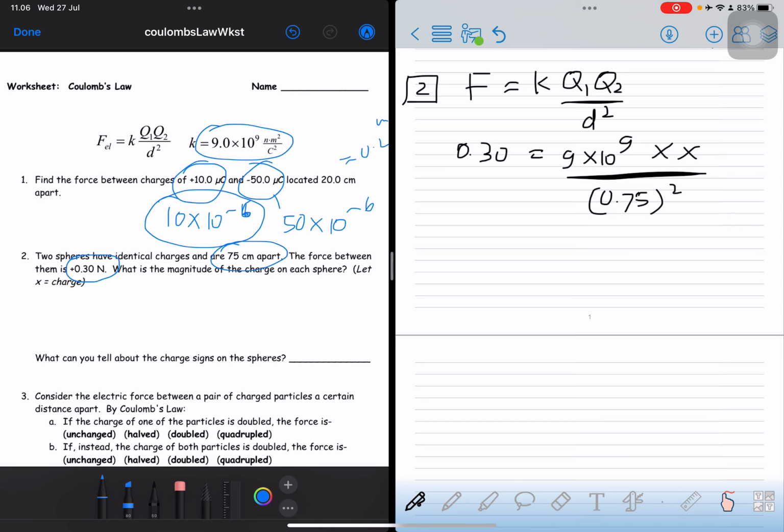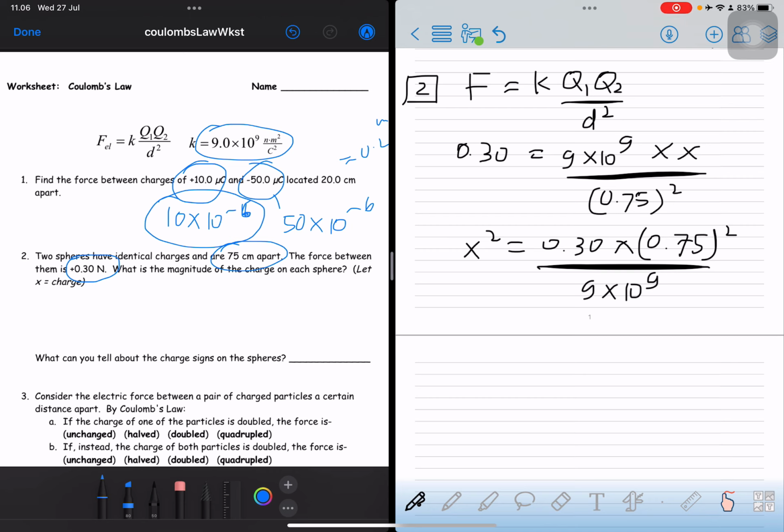So X squared is 0.3 times 0.75 squared, divided by 9 times 10 to the power of 9.